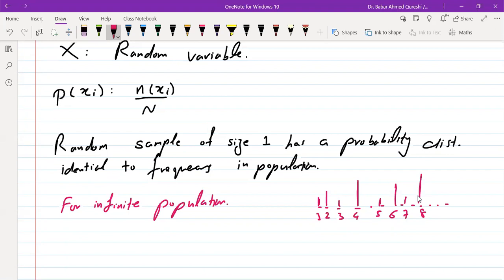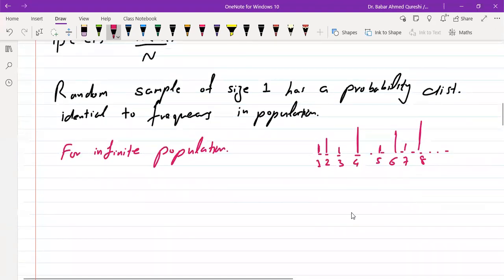Or if you have coins, you don't really have a population of coins, but you have a belief that you have these two values, head and tail, called 0 and 1, and you give them equal probability of half. So this is the distribution in the population.